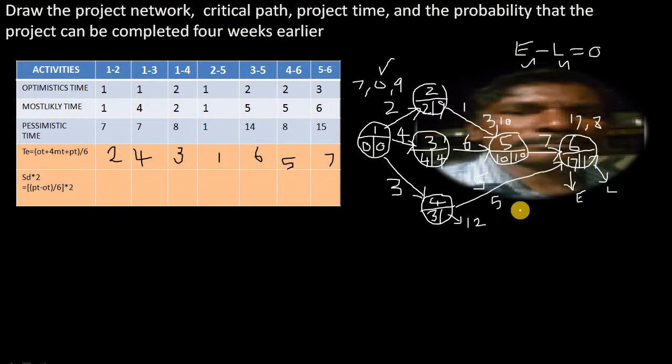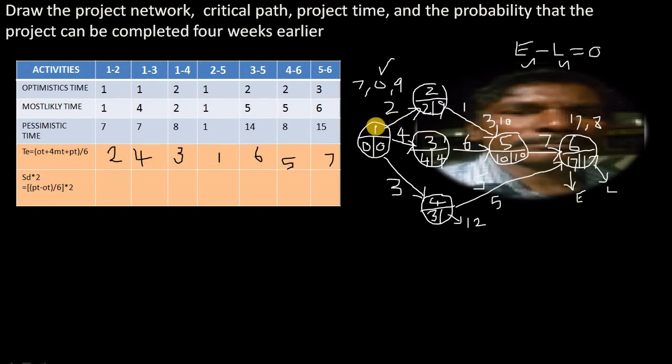Right. Now, in which event the difference between earliest time and latest time equals 0, those events we have to take care of. We have to find out the events where the difference between earliest time and latest time must be equal to 0. That's what we are interested in.